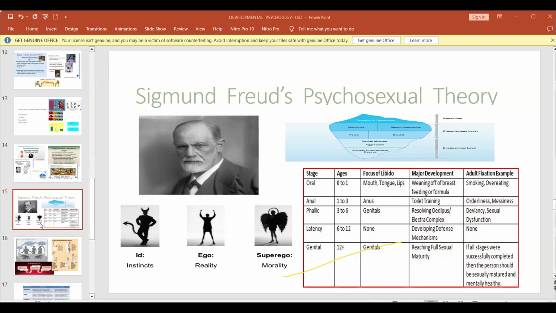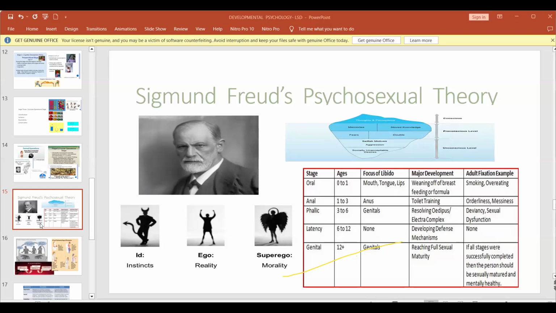Anal stage. Anal refers to the anus, the body part used for going to the toilet. According to Sigmund Freud, during the second stage of psychosexual development, the child seeks gratification of the anus.